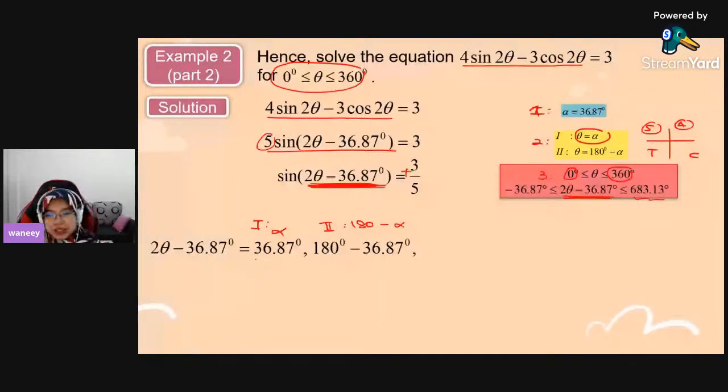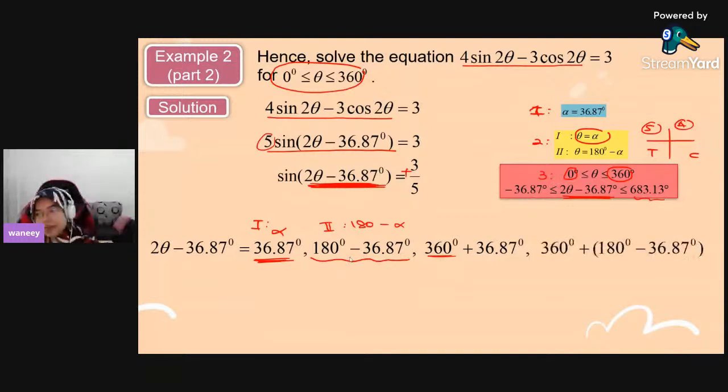Take the first value and add 360: 360 plus 36.87, because we have another rotation, the second rotation. Then take the other value and add another 360, so it becomes 360 plus 180 minus 36.87. Then you simplify them.